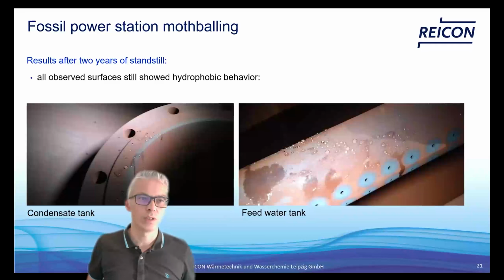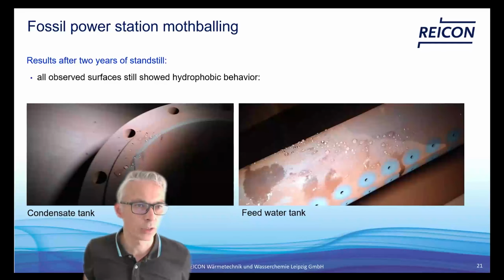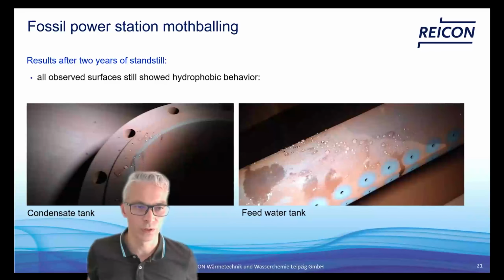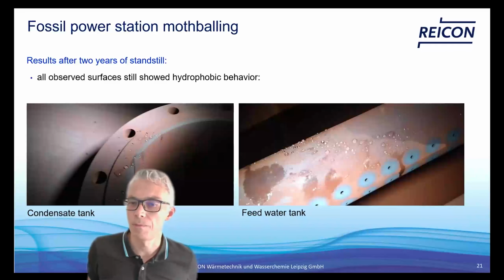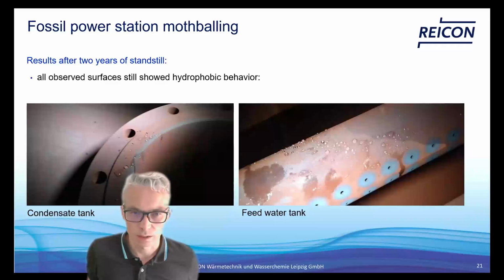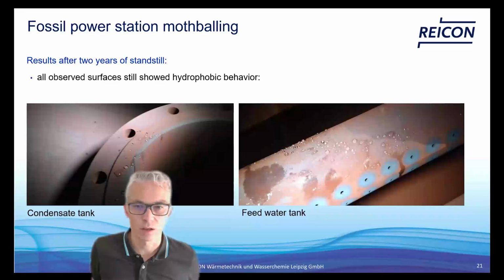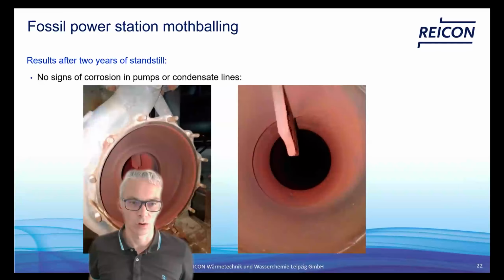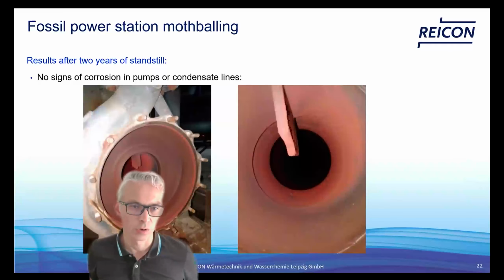Here we had the possibility to do a visual inspection after 2 years of standstill. And here you can see that in the condensate and in the feed water tank, the surface still has a good hydrophobicity. There's no indication of rust anyhow. Also in the pumps, there were no signs of corrosion or rusting or anything inside.